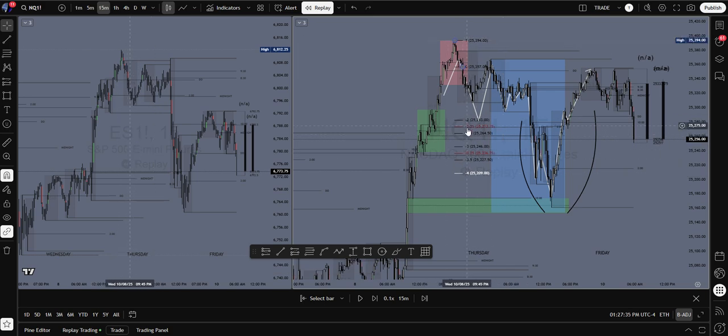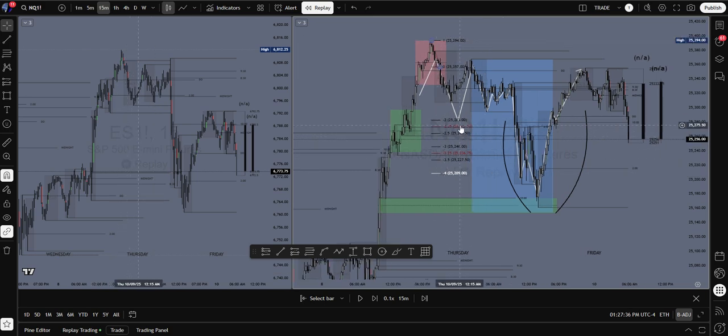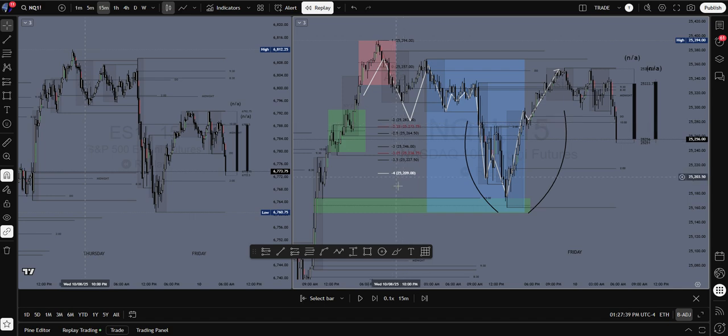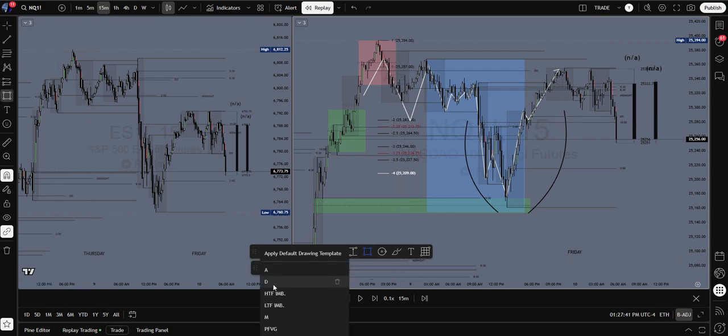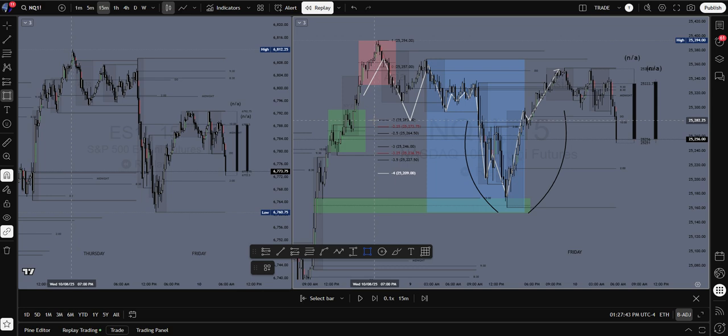So in these marks, we would like to see a market reaction. You just highlight them as, think of it as little zones.